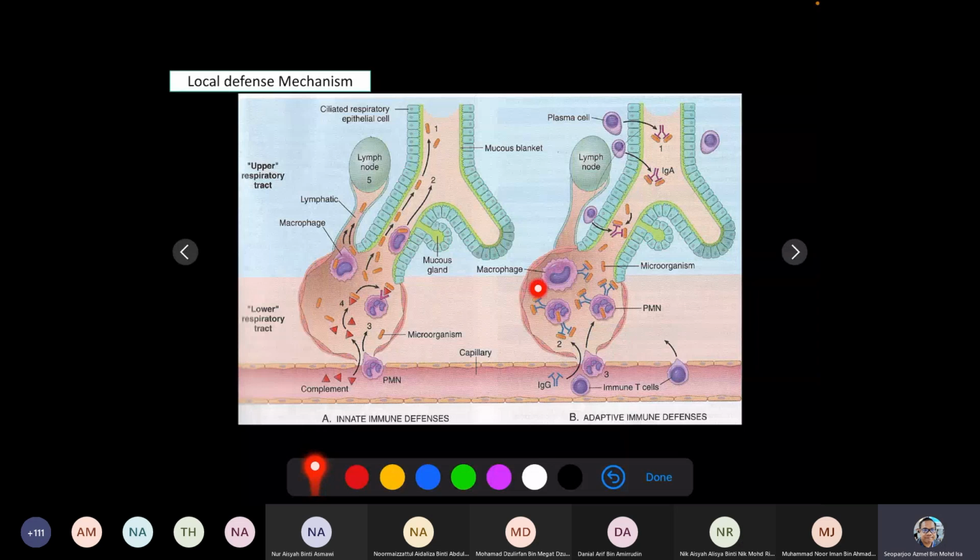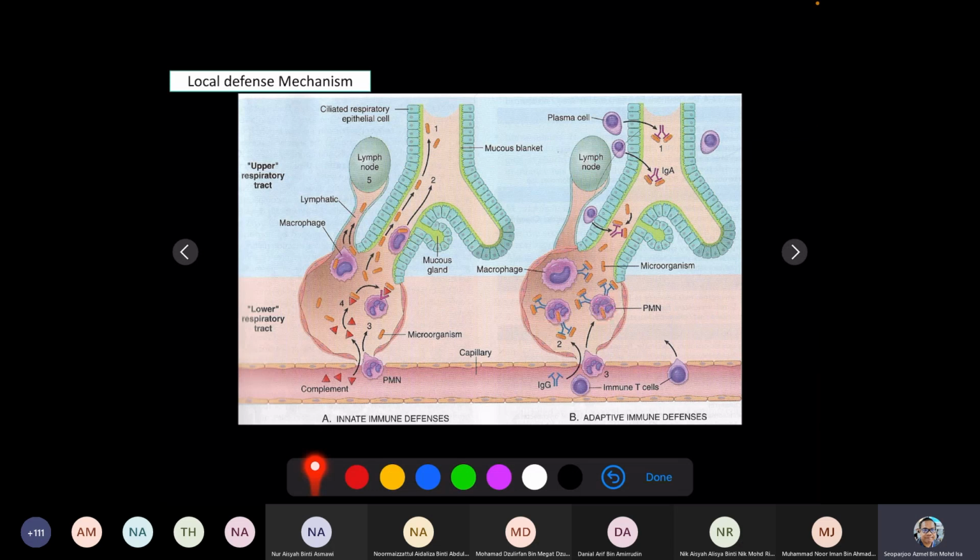Again, in repetitive infections, there will be plasma cells or memory B cells which produce antibody that binds initially with the bacteria, viruses or fungus, and this will act faster with the help of macrophages and neutrophils.